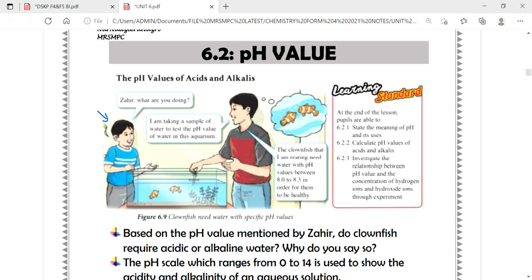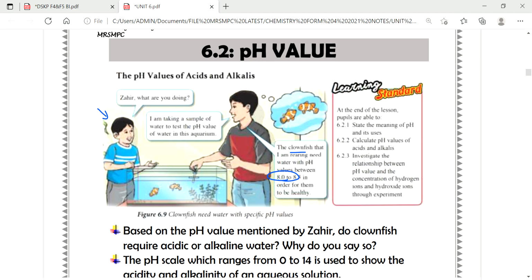Alright, because of what Zahir said here, the clownfish that I am rearing need water with pH value between 8.0 to 8.3 in order for them to be healthy. So these clownfish need a certain pH value to be healthy, which is 8.0 to 8.3.